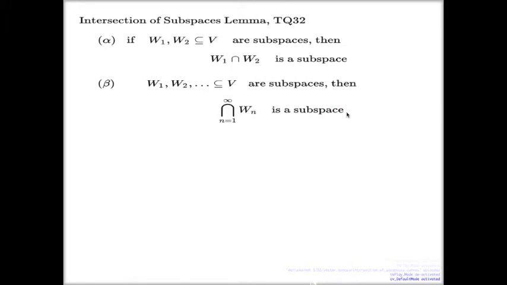This is of course a mathematical induction development of part alpha. So the principal argument is here in part alpha. To do part beta, all you need is the mathematical induction principle. So we're not going to argue beta, but we will discuss alpha a little bit. In fact, this is question 33 part A.